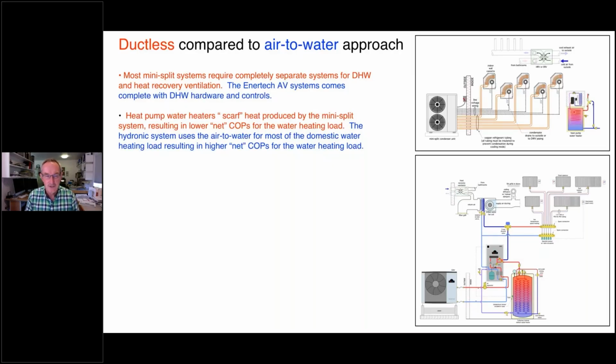The net COP on water heating actually works out to be 2, when you work through the total electrical energy that was required to first bring free heat from outside air into the thermal envelope and then add more electricity to put that heat into the water heater. So again, that is a possible configuration, but the net COP on water heating definitely goes down from what the rating of the heat pump water heater is.